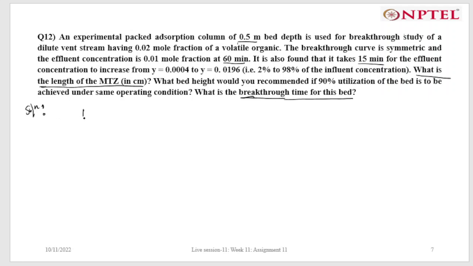Here TB given is 60 minutes. Bed length given is 0.5 meters. Convert into centimeters.